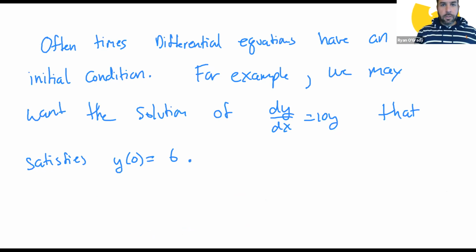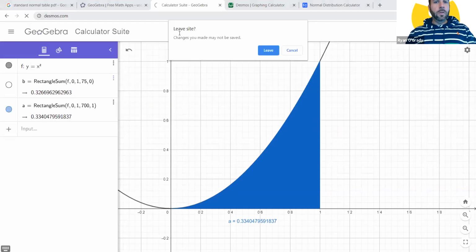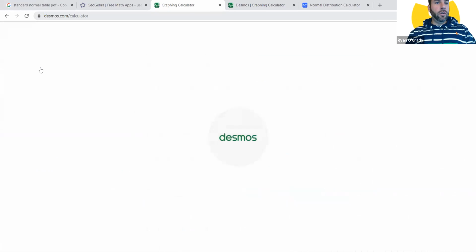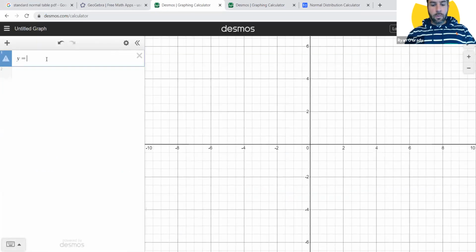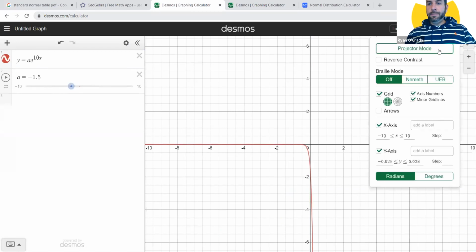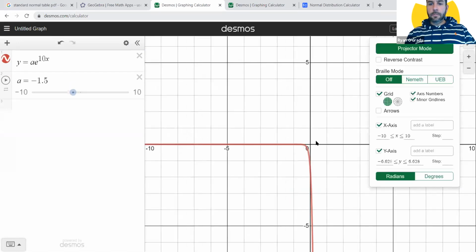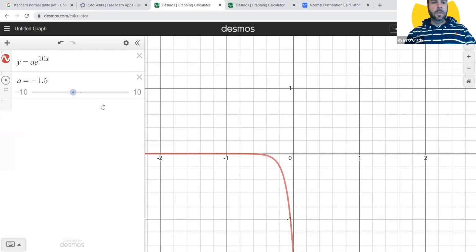So let me go to Desmos and elaborate on this a little more. So let's look at our solution. Our solution was y equals ae to the 10x. If I let a be different values, I get different curves.